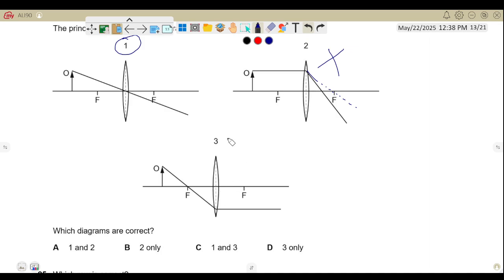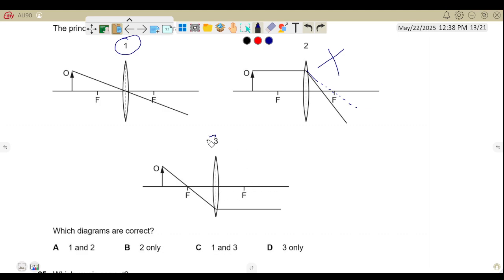The correct one for this situation respects the rules, which means if an incident ray comes into a converging lens passing through the principal focus, it will emerge parallel to the optical axis.